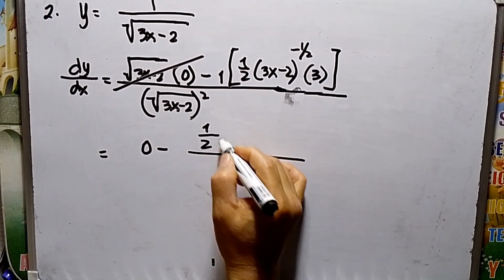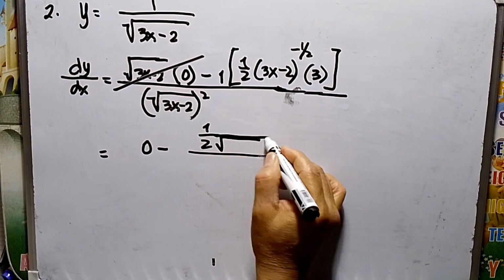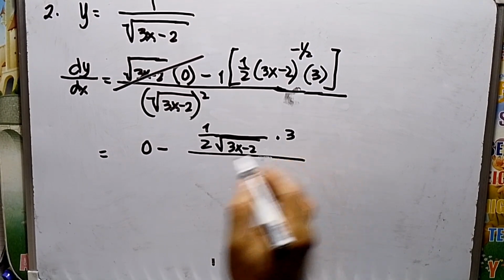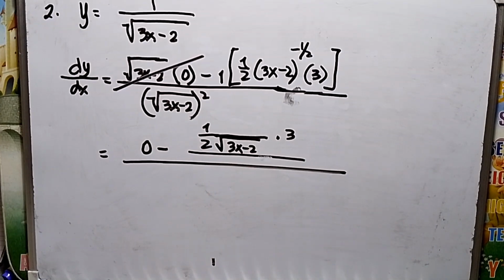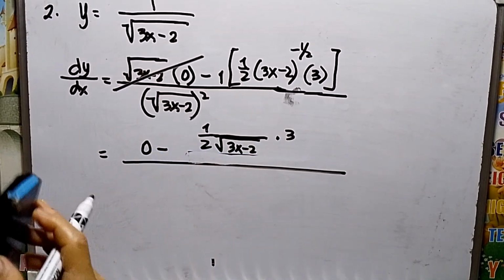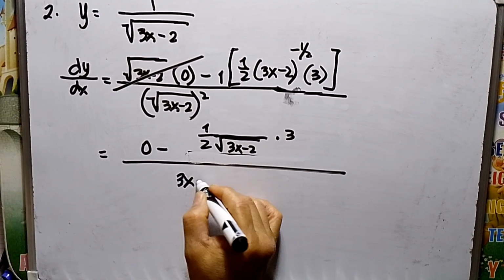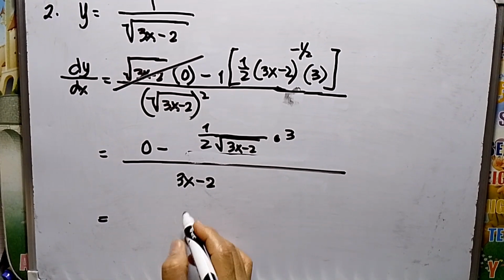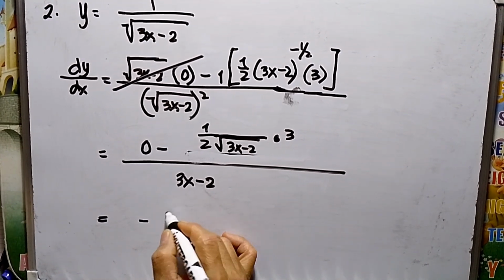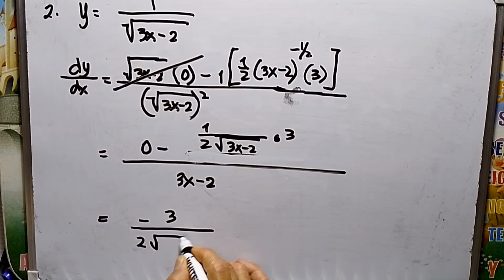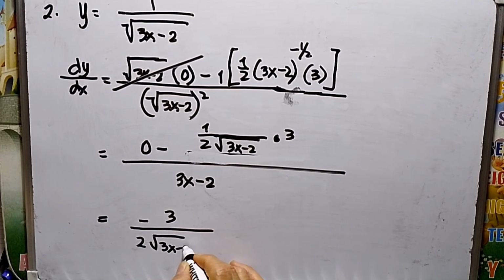Then to simplify, this will be square root of 3x minus 2 times 3 all over 3x minus 2. Okay? So to simplify, this will be minus 3 over 2 square root of 3x minus 2.